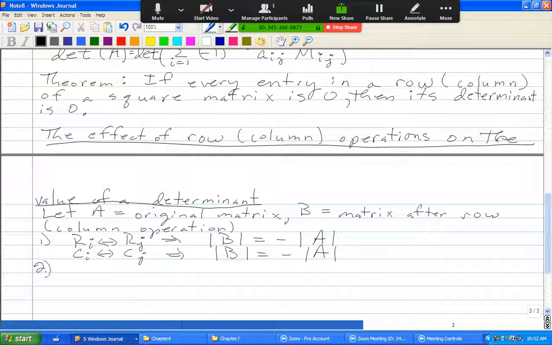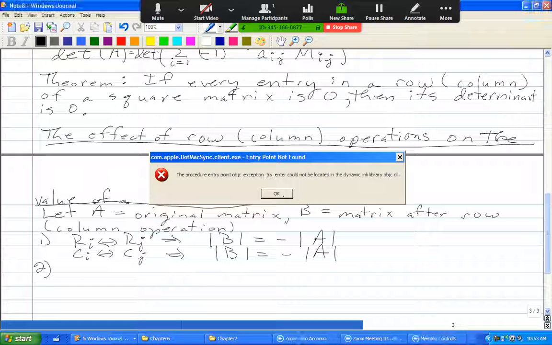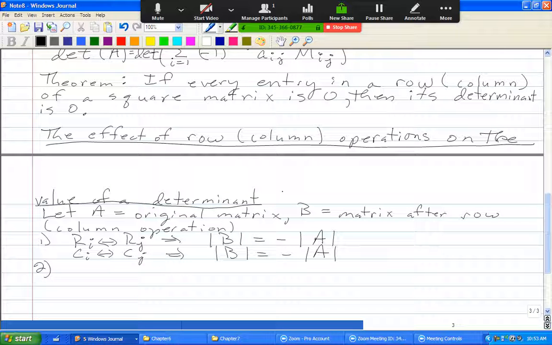Next, if you multiply a row by some constant, then this will multiply the value of that determinant by that value. Similarly, if you do it for a column.